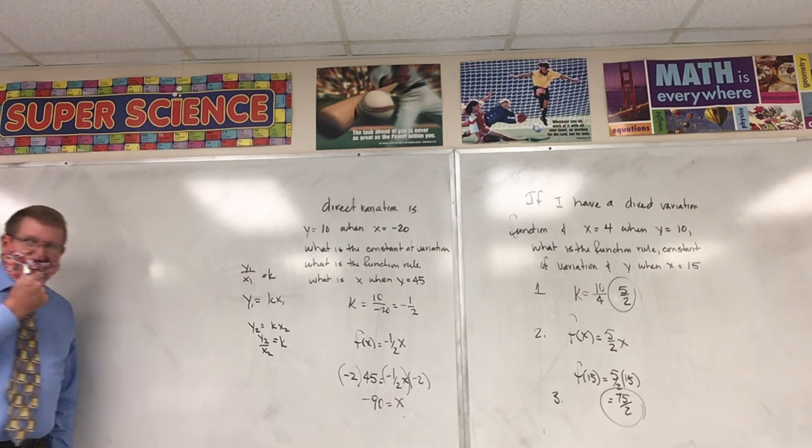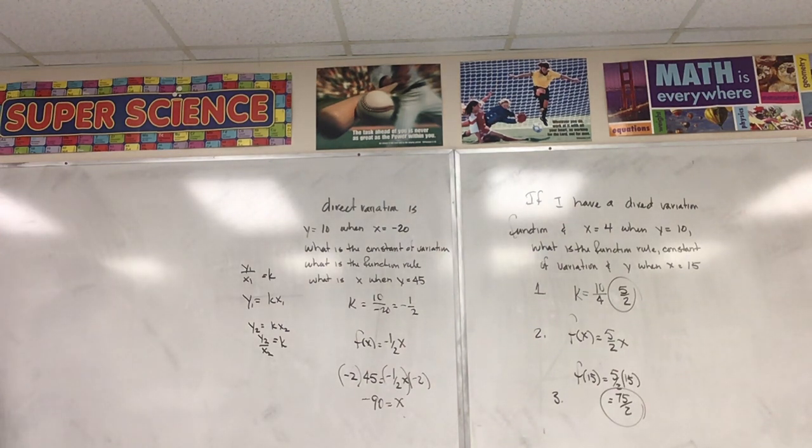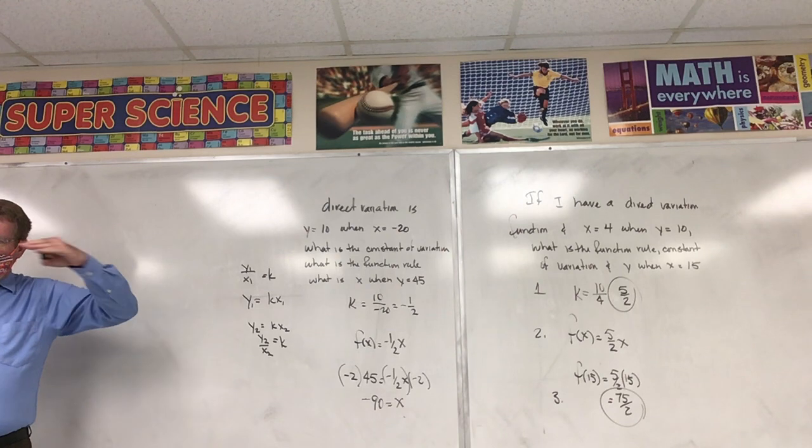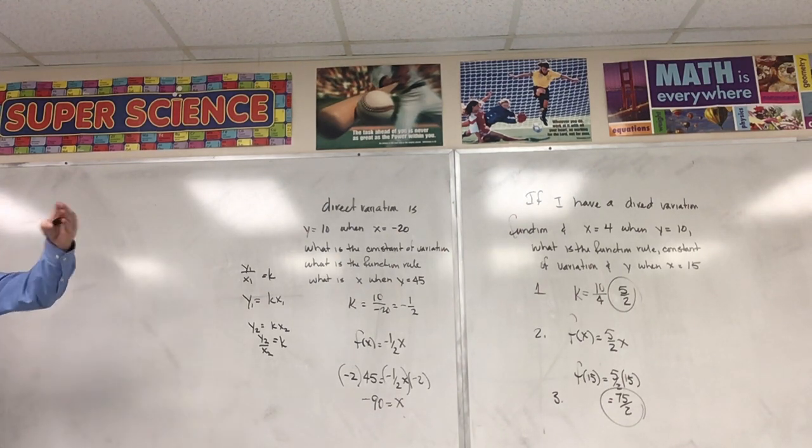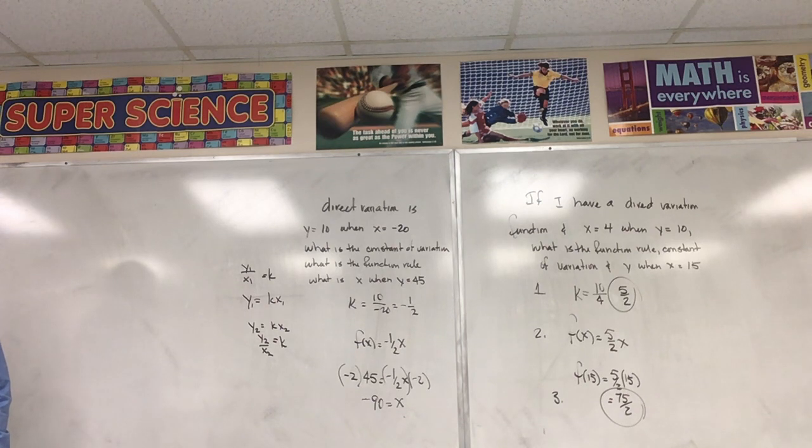What do I know about my k's in a direct variation problem? In all my cases, all my input and output sets, what do I know about my k?